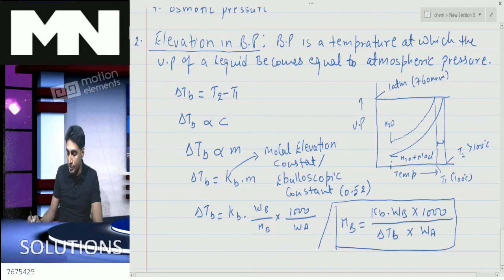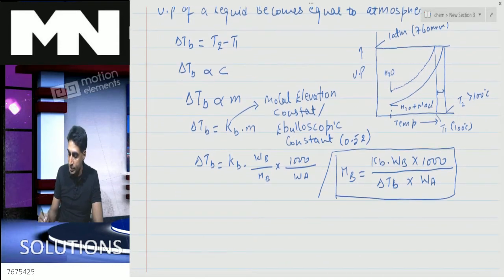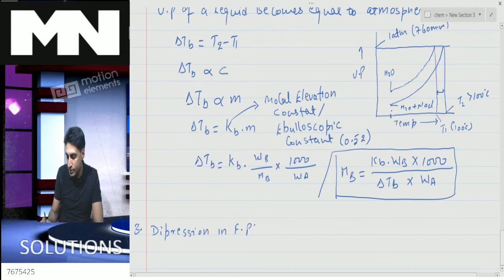Next colligative property, third colligative property, that is depression in freezing point. Again, before starting with that, we'll see what freezing point basically means.